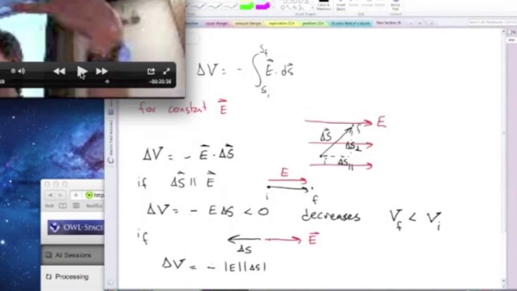So that minus 1 with the minus 1 outside cancels, and delta V is a positive number. It's equal to the magnitude of E times the magnitude of delta S. The fact that delta V is positive means that as you move along delta S from the initial to the final, your potential is increasing. So your final potential is bigger than your initial potential.